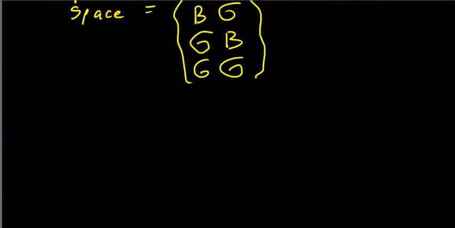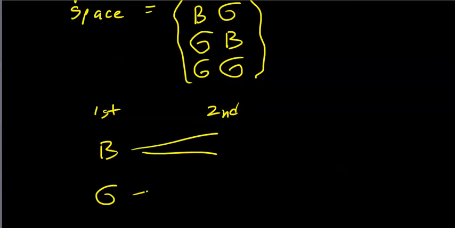Alright, there's another way to do this. It's a little more cumbersome. We sometimes call this a tree diagram. You may have seen this before in your math careers. If I allow for the first child to be a boy or a girl, each of these possibilities trails off to two other possibilities for the second child.